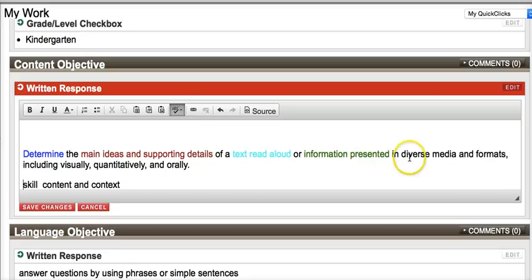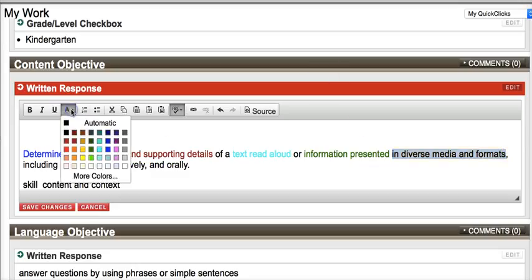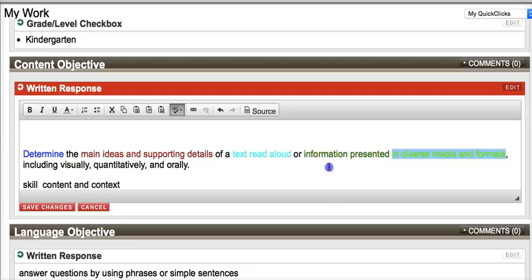But this right here says that they're going to also use information presented in diverse media formats. That's a very specific context for determining main ideas and supporting details.